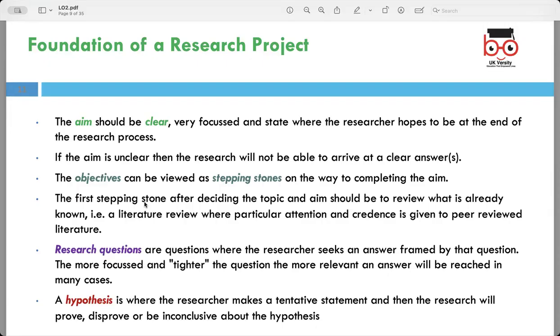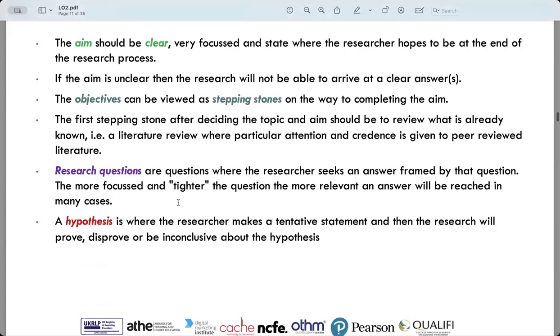After that, your first task is to do a literature review, which means exploring what other researchers have already discovered. Make sure you focus on peer-reviewed sources, as these are trusted and academically accepted. Then come the research questions. This is the specific question your project tries to answer.